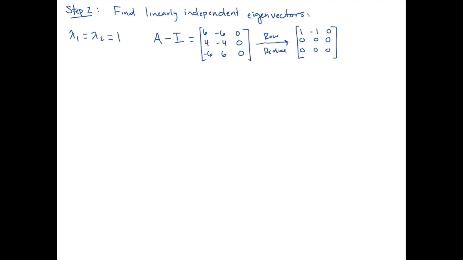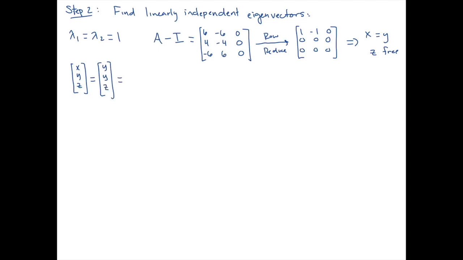And what does this tell us? It tells us that x is equal to y, and z is a free variable. Remember, this first row, we should think of as giving us an equation, x minus y equals 0, and that's where we get x is equal to y, and z is a free variable. So if we take the vector x, y, z, we can replace the x with a y, so we get y, y, z.